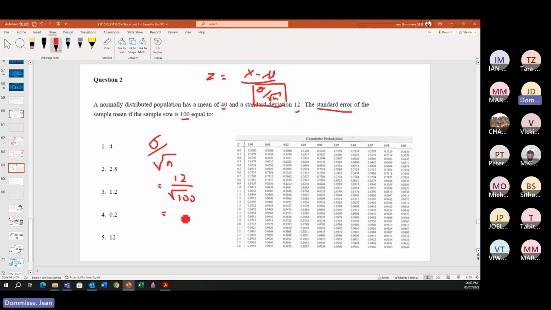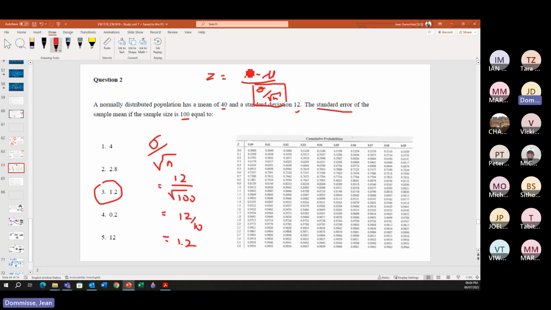So it is 12 divided by 10, which gives you 1.2, and that is option 3. In this one, you needed to work out the standard error. They did not give you enough information to work out the Z because they never told you what the X is.